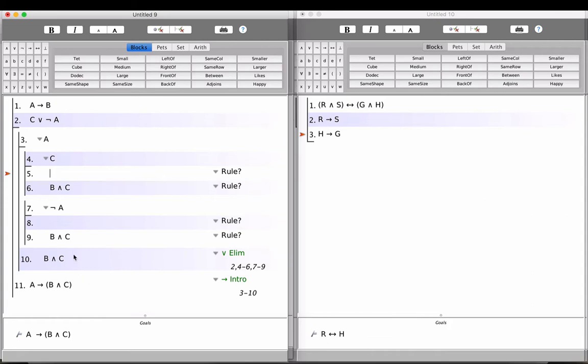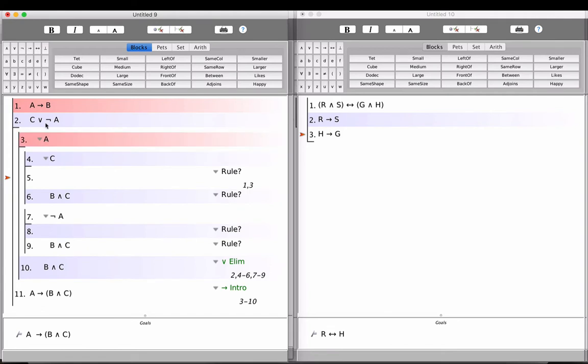So I have C. There's no way for me to get B on its own except to eliminate the conditional at line 1 by affirming the antecedent at line 3, right? So I thereby get B by conditional elimination.